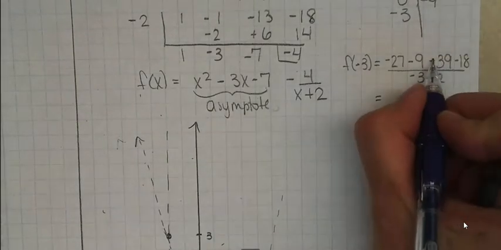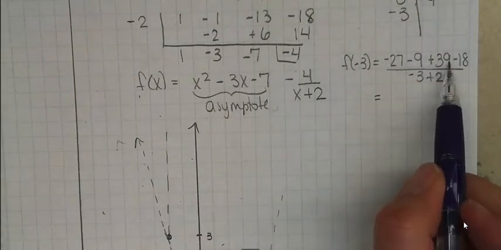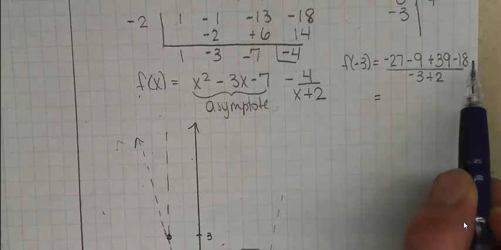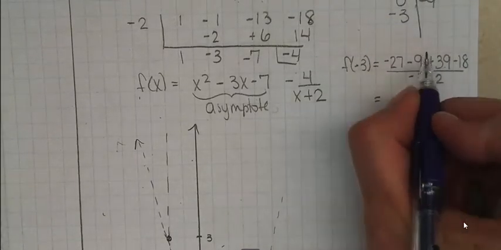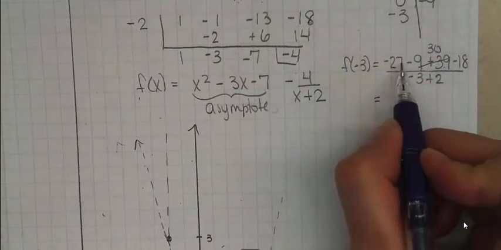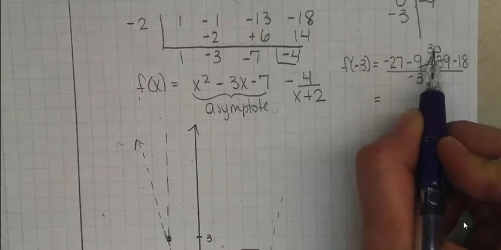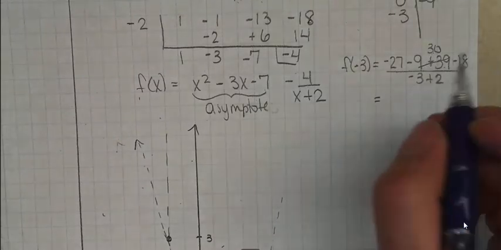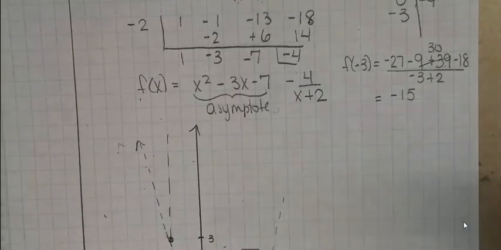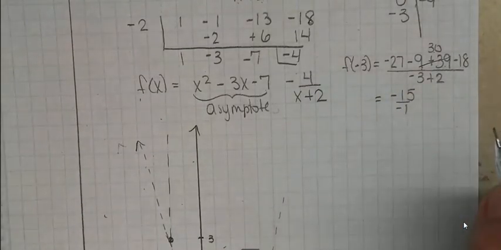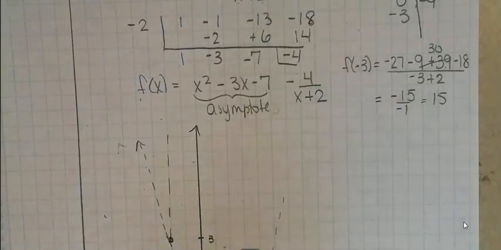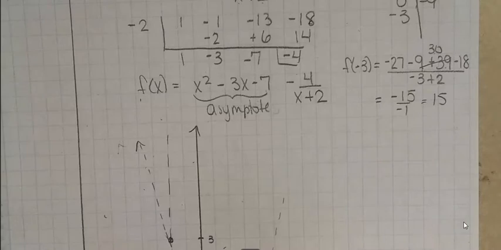This is going to be plus 39, because if I plug in a negative, and then that's negative 18. So this right here gives me 30. So negative 27, positive 30 gives me 3, minus 18, that's negative 15. Is that right? Over negative 1. Oh, that is right. So I get 15.